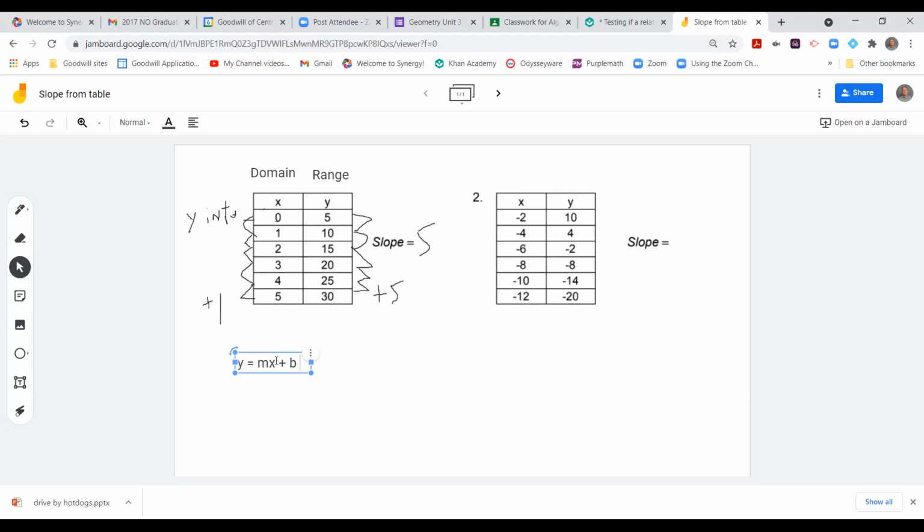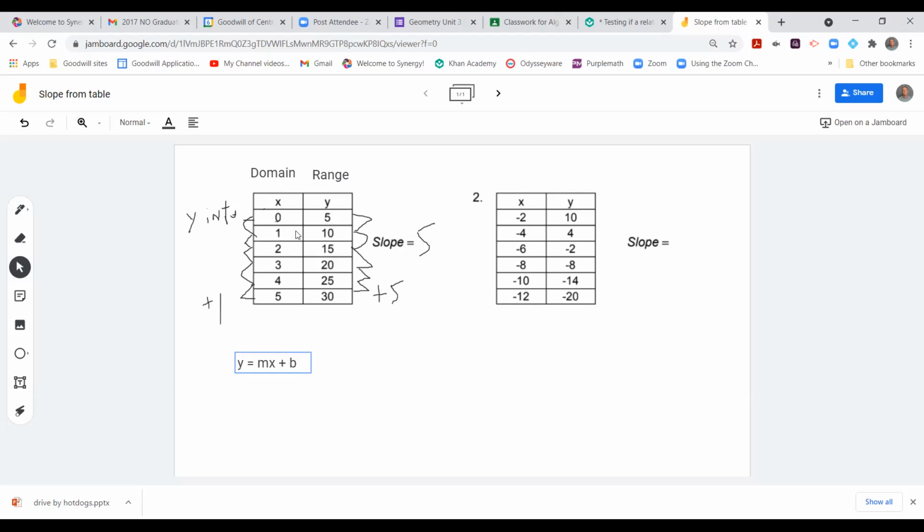So if I wasn't as observant as Tony and Jessica in noticing that this is progressing in a positive manner, up 5 on the y column and up 1, I can take any 2 points and do the slope calculation and come up with the slope.